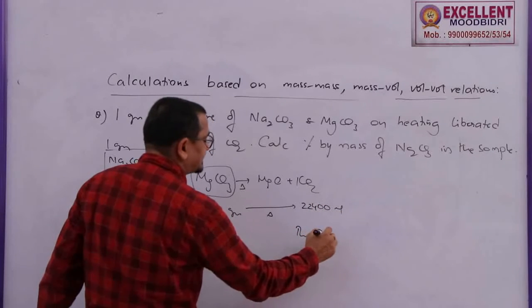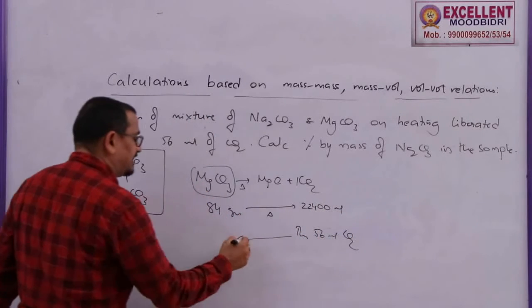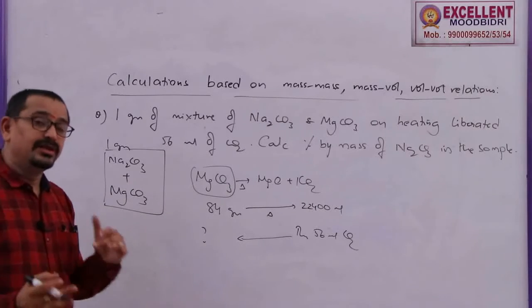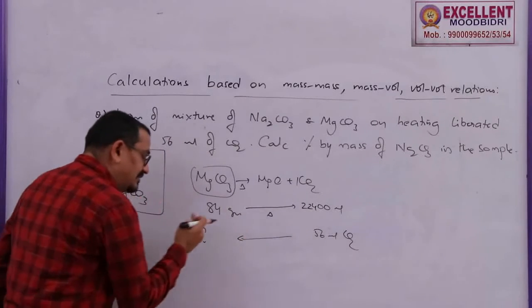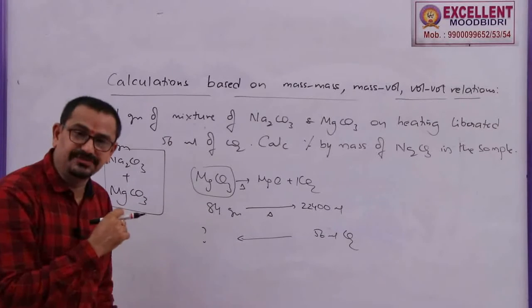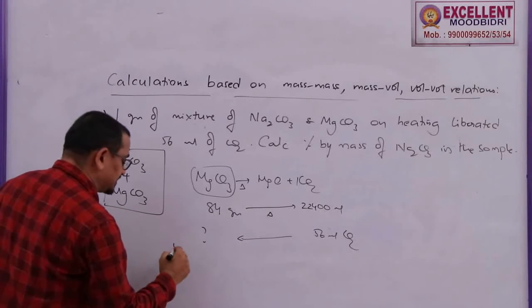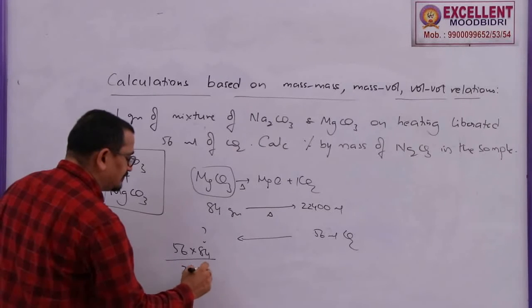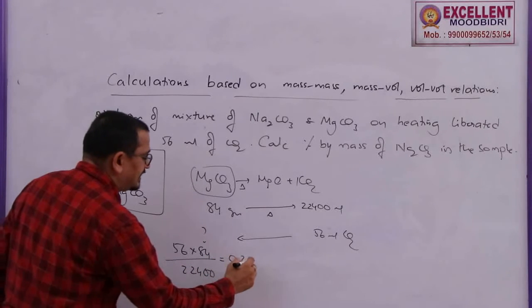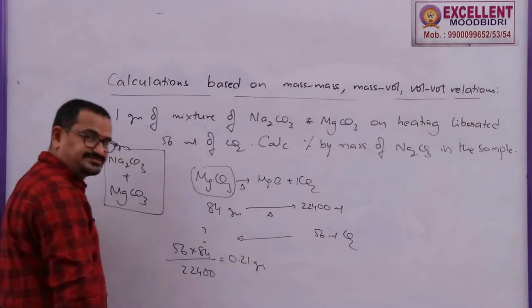Then 56 ml CO2 will be obtained from how many grams of magnesium carbonate? Crisscross: 56 into 84 by 22,400. On simplification, you will get it as 0.21 grams, I think.